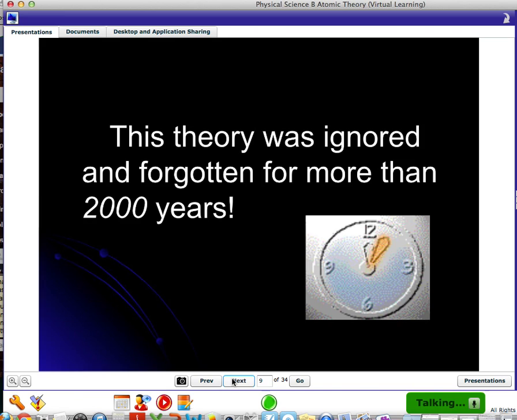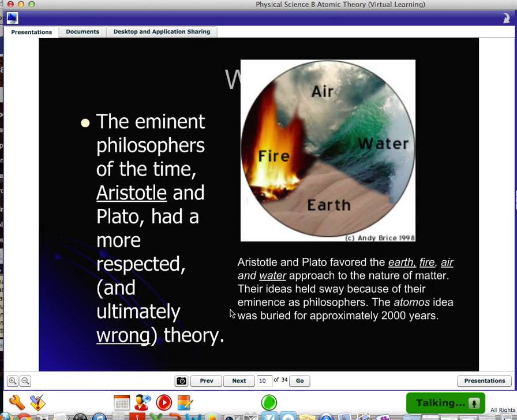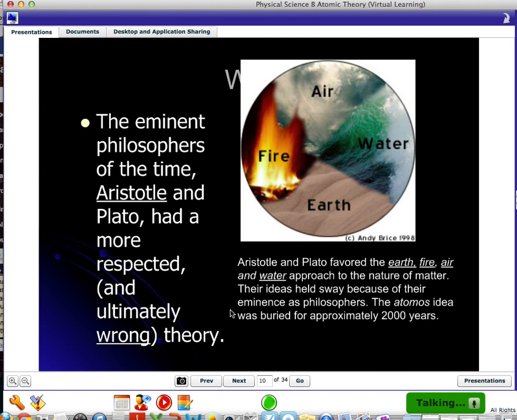He came up with this, and then it got brushed by the wayside and was completely forgotten until 2,000 years later, when the idea started to arise again. Aristotle and Plato had the idea that there were basically four building blocks of life: earth, fire, air, and water.